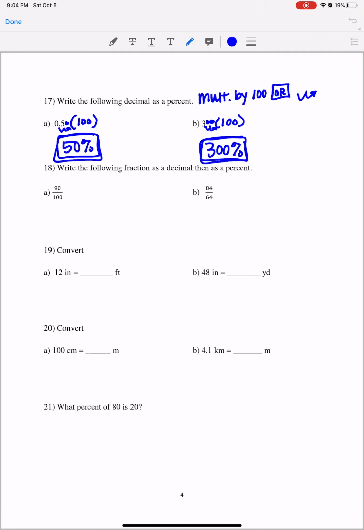18, we have 2 different things we're looking for. It says write the fraction as a decimal, then as a percent. Well, a decimal's easy. We are just doing the top divided by the bottom. So 90 divided by 100 gives me 0.9.